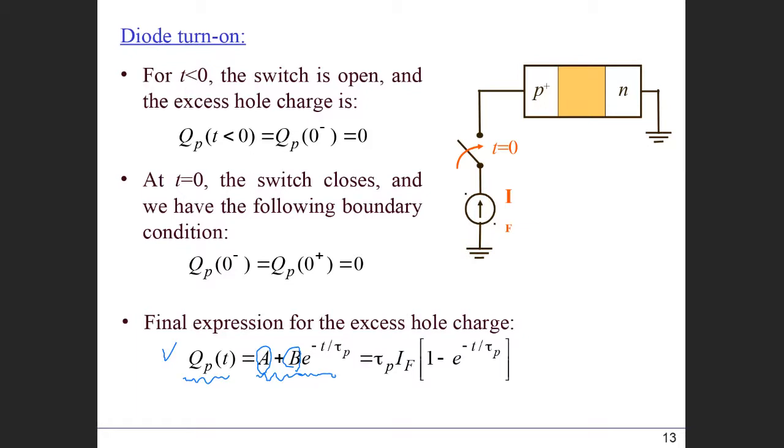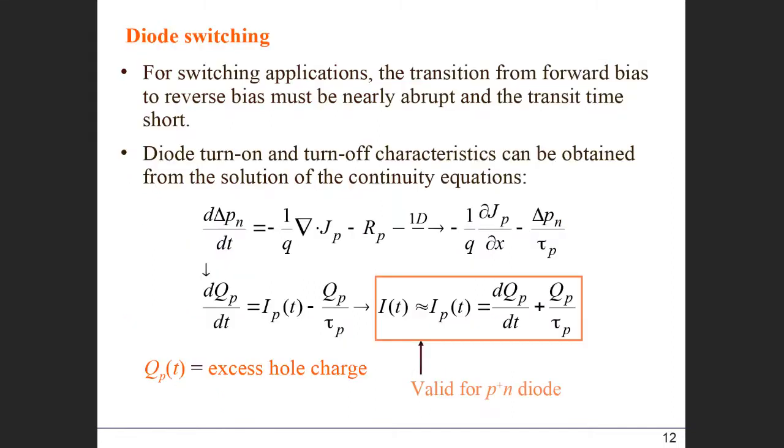And then we have this exponential term with tau p. To solve this equation, you simply take this Qp(t) and its time derivative, plug them in, and solve from there.